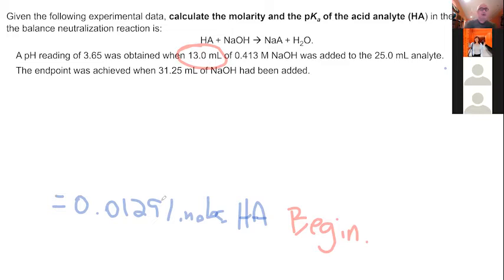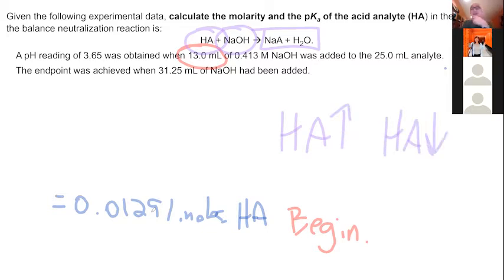Here I've got my weak acid. Here I've got my hydroxide. When I add them together, this is what I get out the other end. So as I add hydroxide, do I get more HA or do I get less? I get less, right? It's actually consuming it. The hydroxide consumes this on a 1 mole to 1 mole basis, as you can see from the balanced equation.